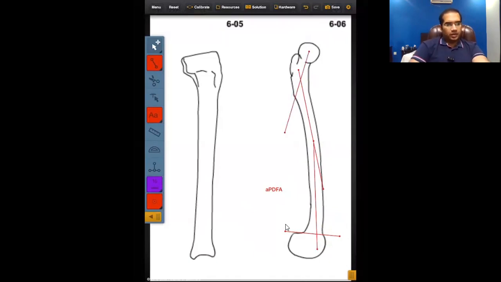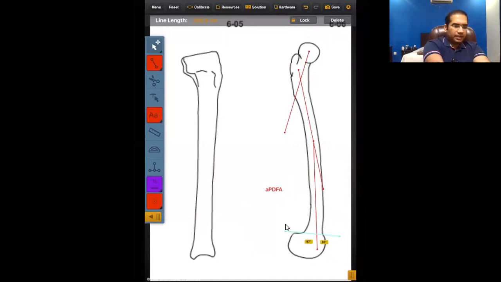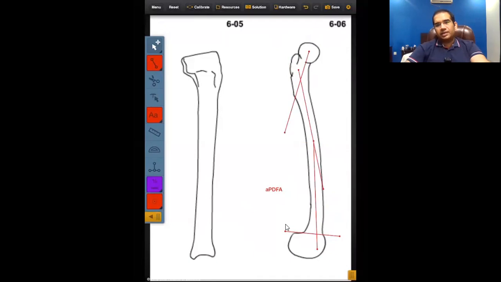What we have calculated so far is the posterior distal femoral angle, the mid diaphyseal angle, which is the angle the two diaphyseal lines make with each other, and the neck shaft angle. Most of the planning in the sagittal plane in the femur is concerned with the diaphyseal angles and the posterior distal femoral angle.